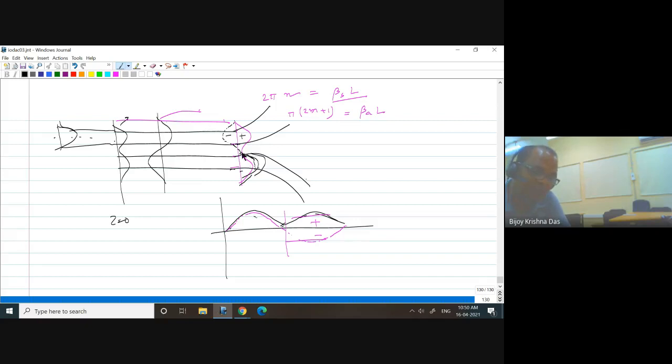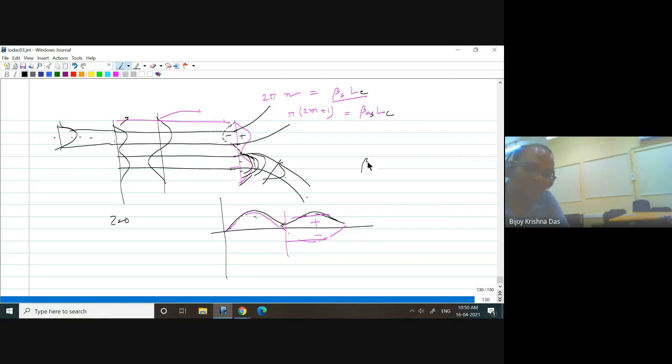So after that particular length, if you somehow separate your waveguide, this energy density will again couple to the fundamental mode of the second waveguide, and it will go there. That means I can find this particular length where it will acquire 2 pi times an integer.